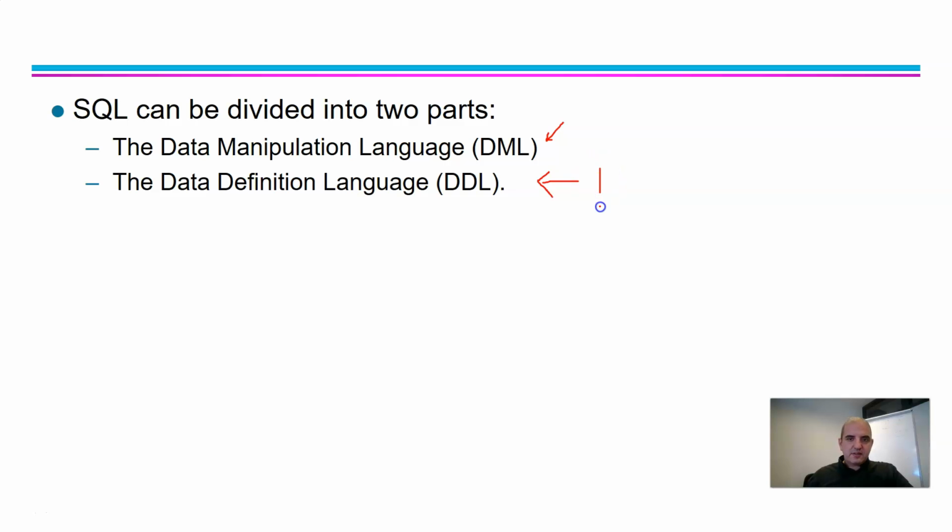Data definition language is generally for data admins and professionals who are responsible for the system to work. In this course, we focus on DML, data manipulation language, like inserting new data and getting data. But you know that there are two parts: data manipulation language for getting and sending data, and data definition language for creating tables.